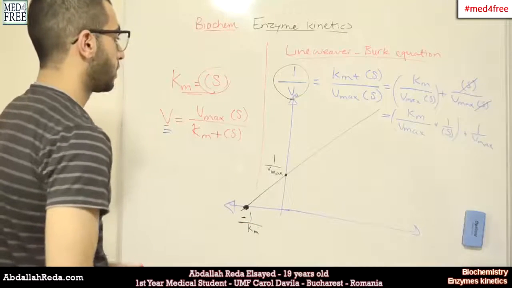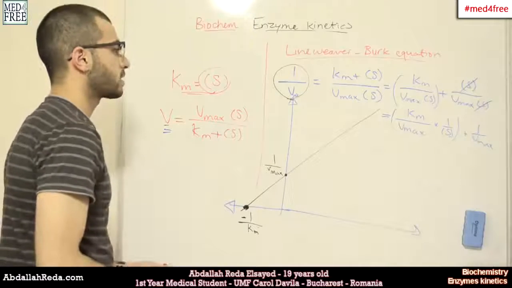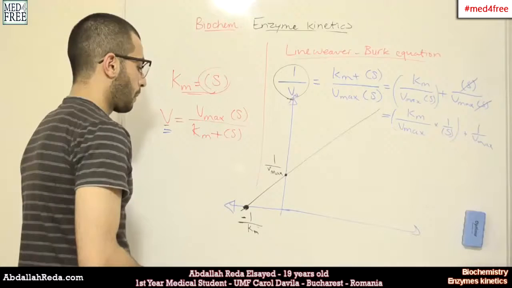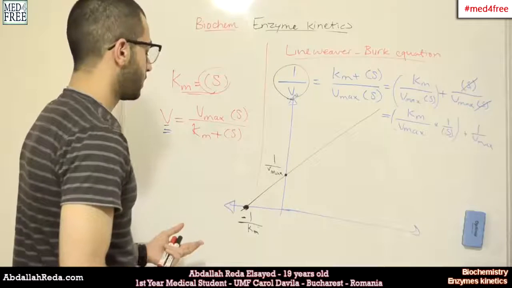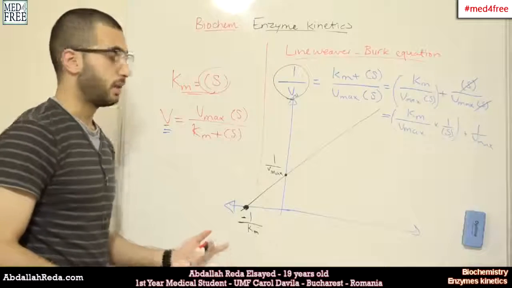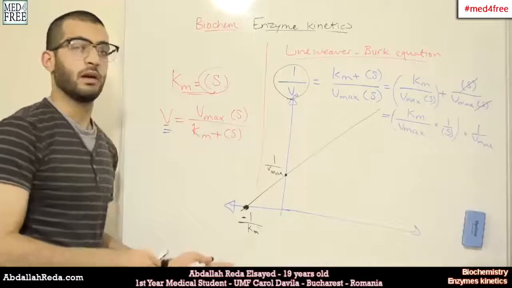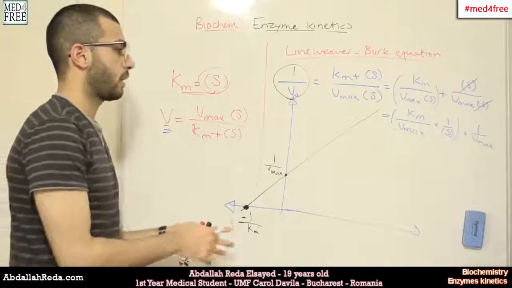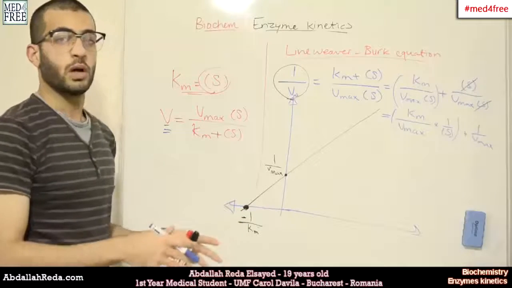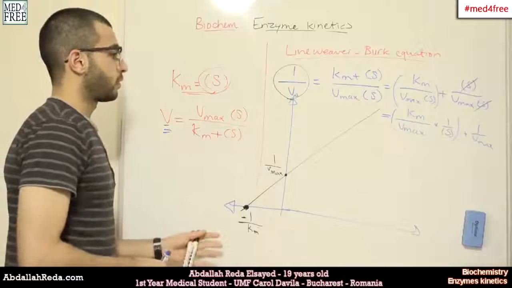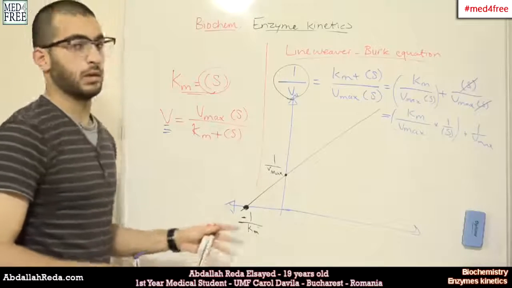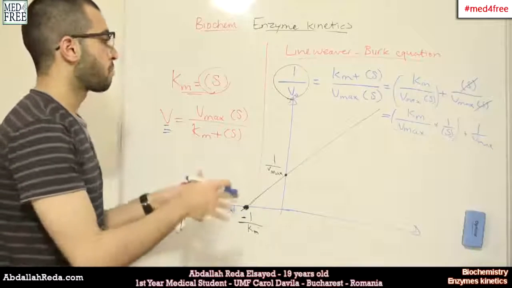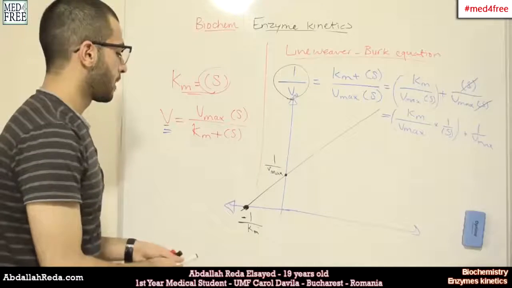So I think that this is it for enzyme kinetics, and the next time we will talk about competitive inhibition and non-competitive inhibition, because there are substances which work on inhibiting the effects of enzymes.